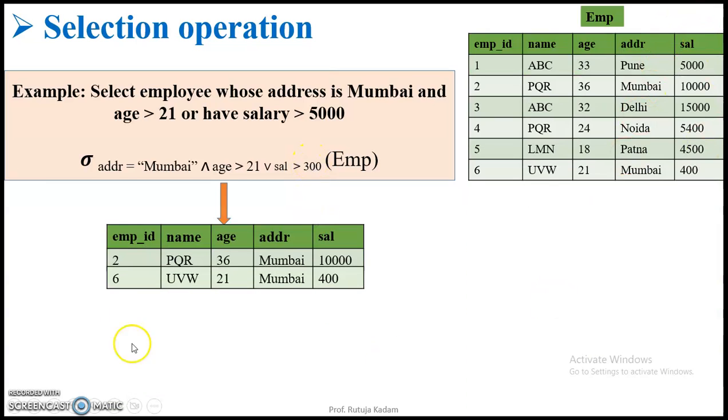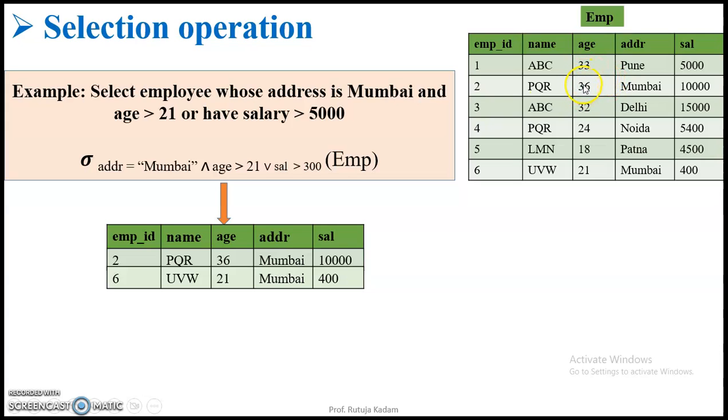Now let us look at how it works. So first we will go and find whichever employees have a Mumbai address. So it is tuple number 2 and tuple number 6. Now we have to also compulsorily see that age is greater than 21. So here whose age is greater than 21? So tuple number 2 is having age 36.